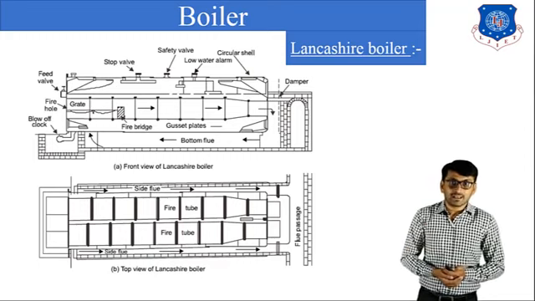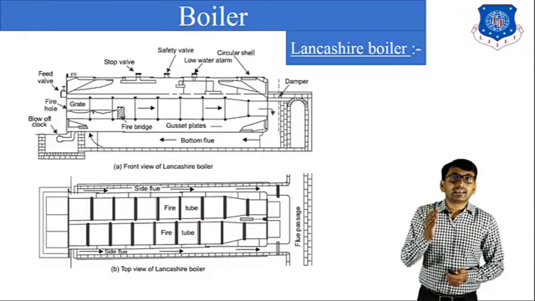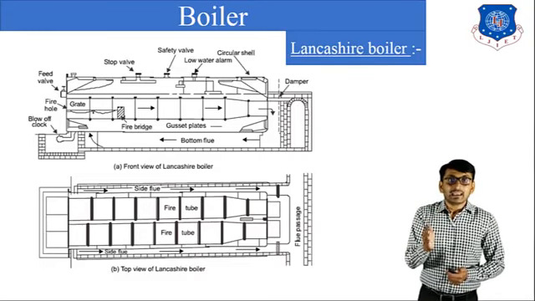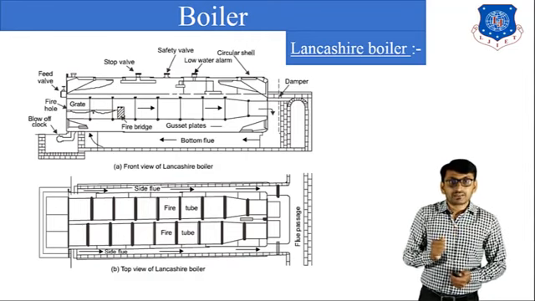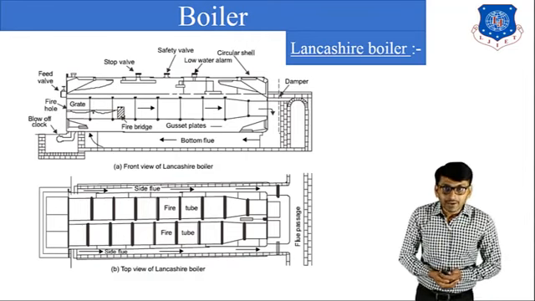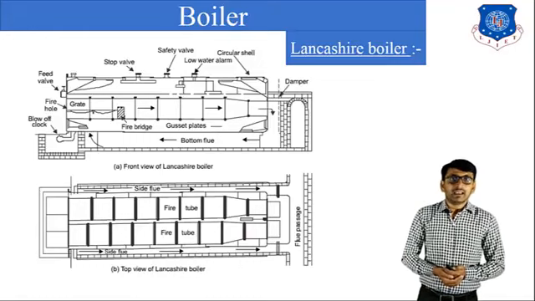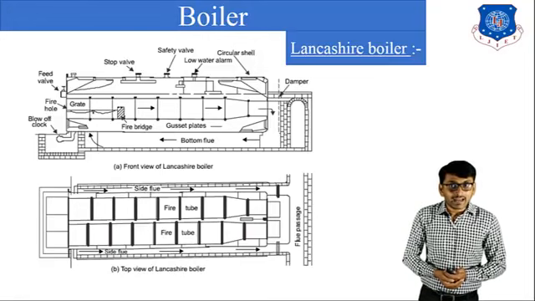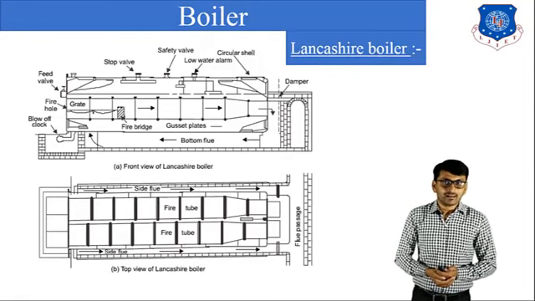Due to combustion of fuel, high temperature gas is released, and this high temperature gas passes in the tube, which is denoted by arrow in this diagram. High temperature gas passes inside the tube and water is present outside the tube in the boiler shell.